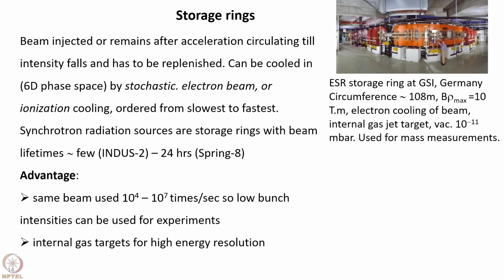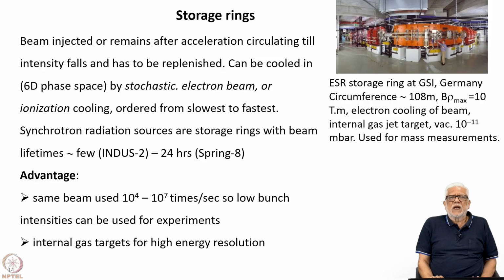Now, of course, when you have these beams, you would like to store them, and this is done, for instance, in heavy ion beams such as the ESR ring in the GSI, where there is an example of that. There is a picture of that ESR storage ring. Circumference is about 100 meters or so. B rho max is this.